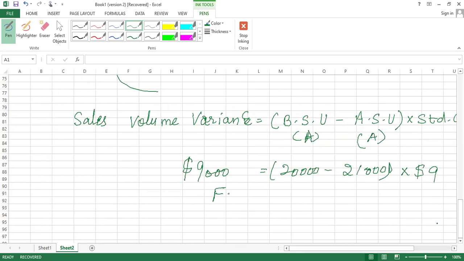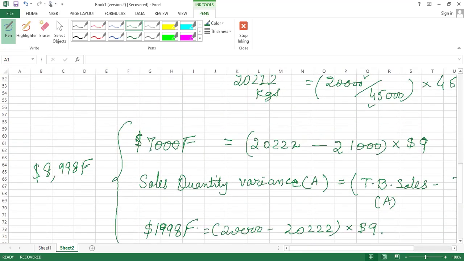So you can see here that sum of these variances is 8,998. It is almost 9,000 because this actual is 20,000 minus 20,000 triple two point 22222 into what? Into 9. So we can write it $2,000 favorable.